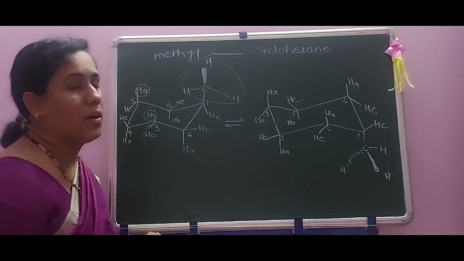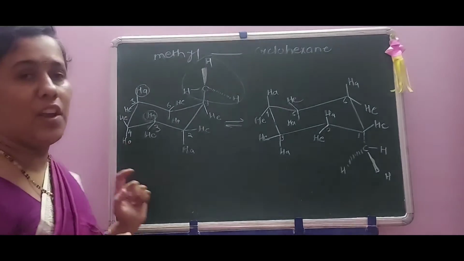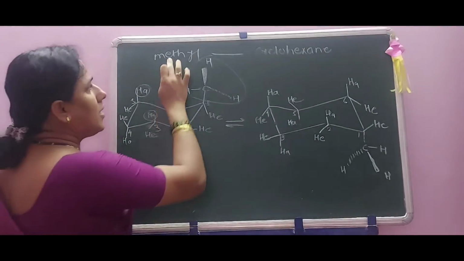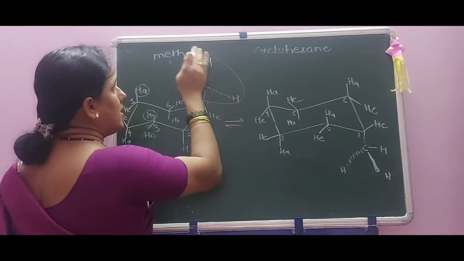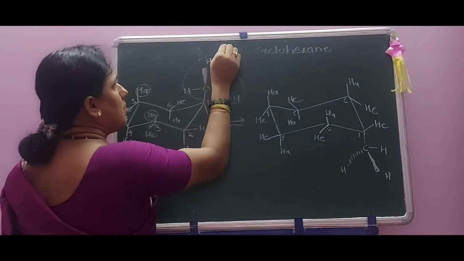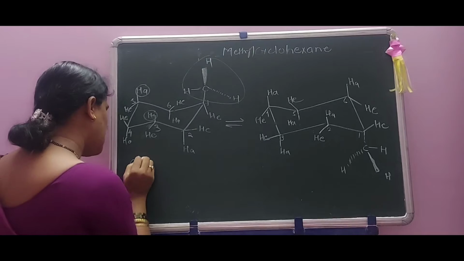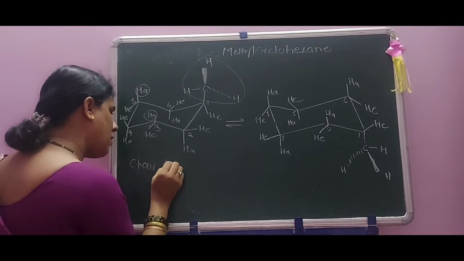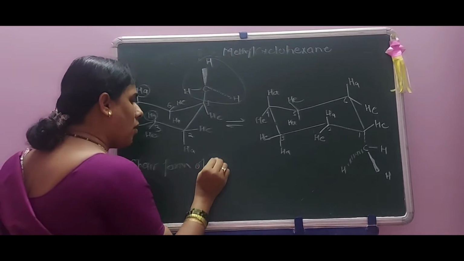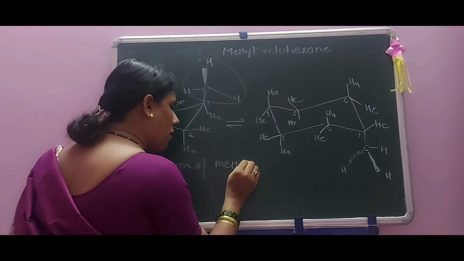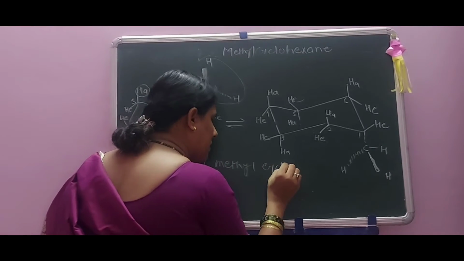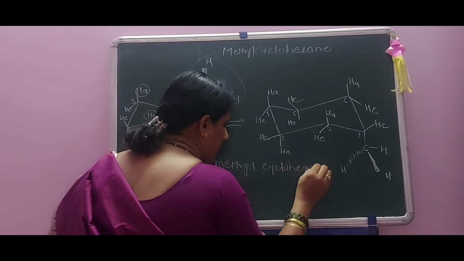Now the case is different here for methyl cyclohexane. We can write it in simpler form, the chair form of methyl cyclohexane.